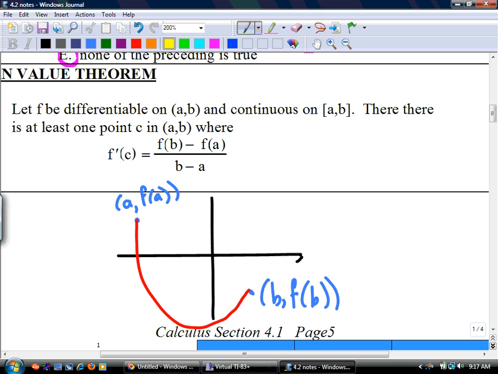Now, what is this yellow line called? Secant line. It is. It's also the average slope. So that's the slope of this line.